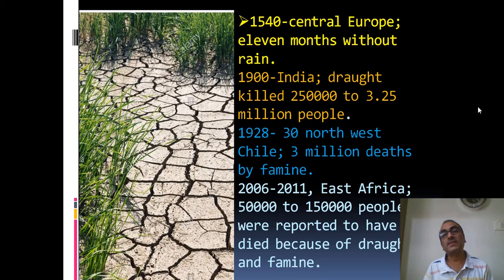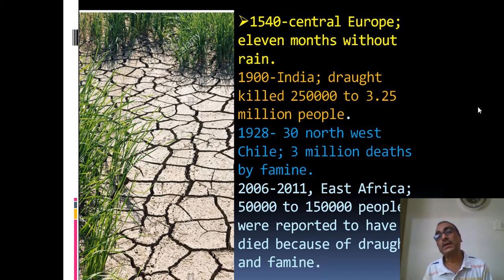Here there are some data collected, let us go through. In 1540, in Central Europe, there was no rain for about 11 months. So people suffered, and might have migrated from that place to some other place. In 1900 in India, drought killed somewhere between 25,000 and 3.25 million people, a devastating drought in India.